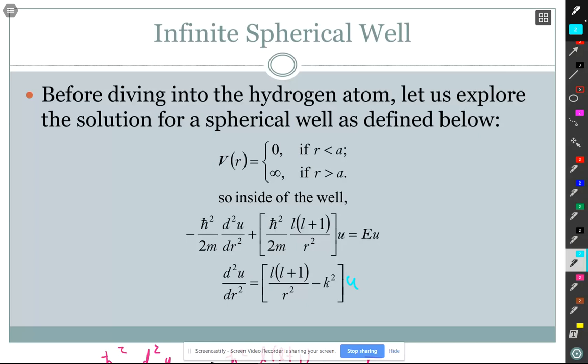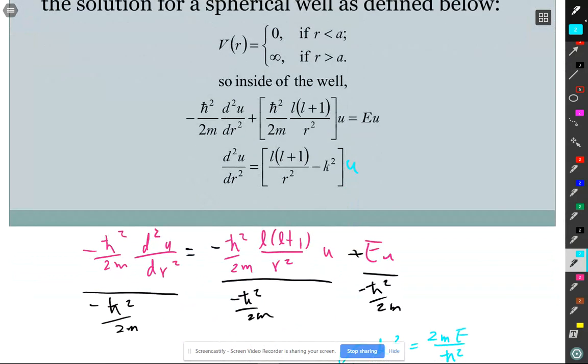But what we did was we said, well, what's the solution for large R? That was the first thing we did. So let's look at this case. If R is large, what does this become? So it's just minus k squared u. So if it's minus k squared u, now we know how to find the solution. That's going to have a solution of the form e to the b.